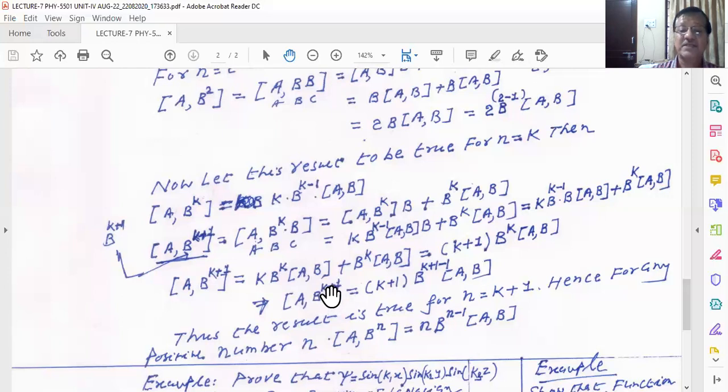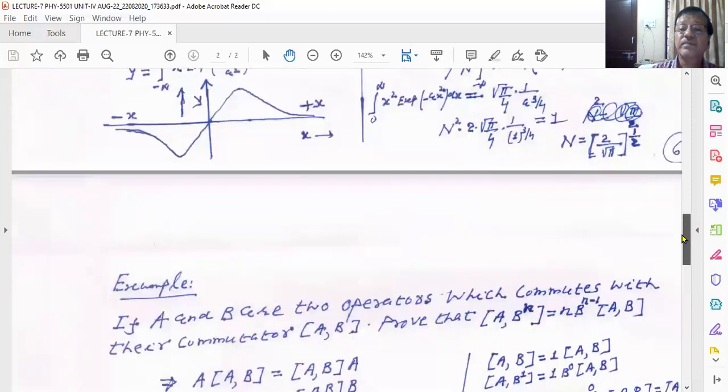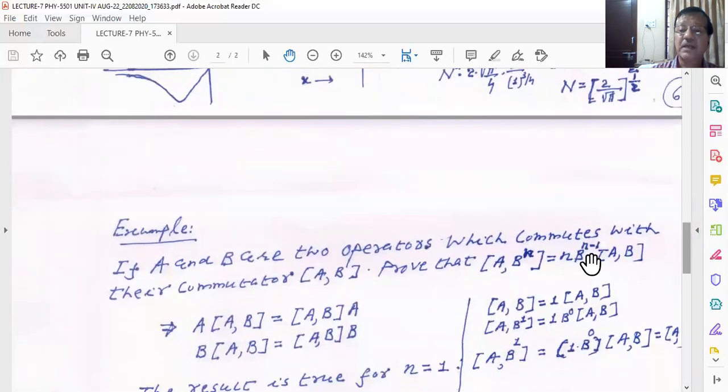If k plus 1 is replaced by n, then you will get n b to the power of n minus 1 times the commutator of AB, and that is what we want to prove.